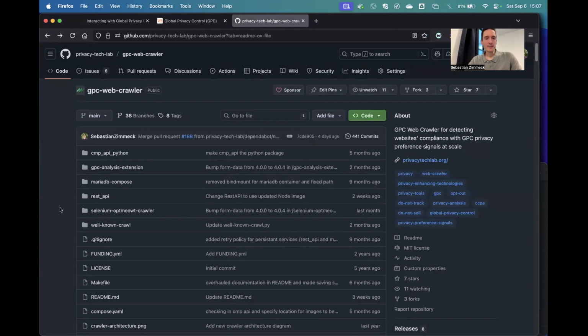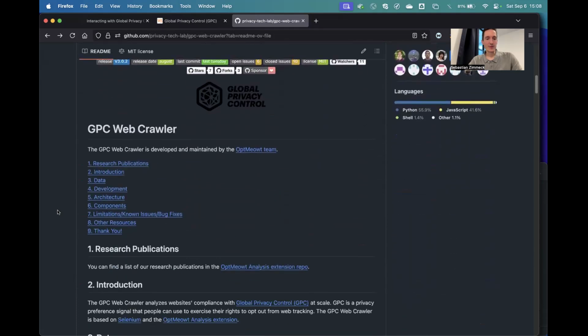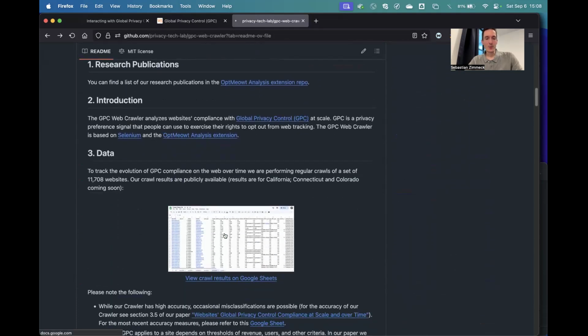Now, I want to talk a little bit about how we went about detecting whether a site is GPC compliant. But before I do that, I want to point you to this website where you can find all our software that we used as well as the data. You will find that we have more data available here than we analyzed in our paper.